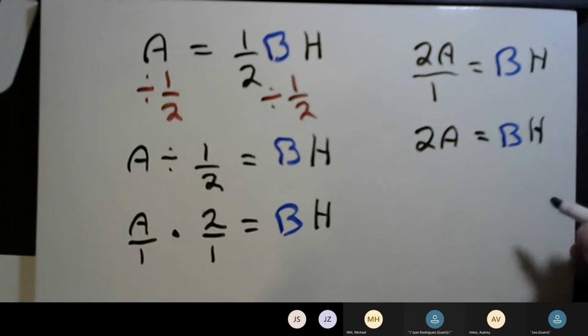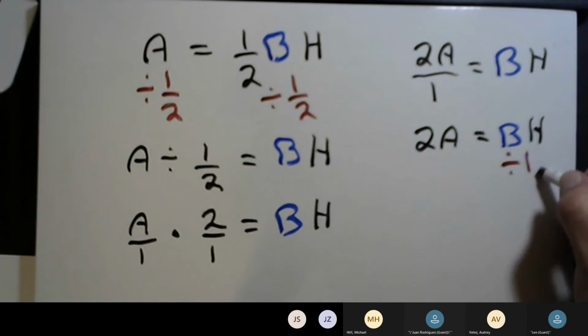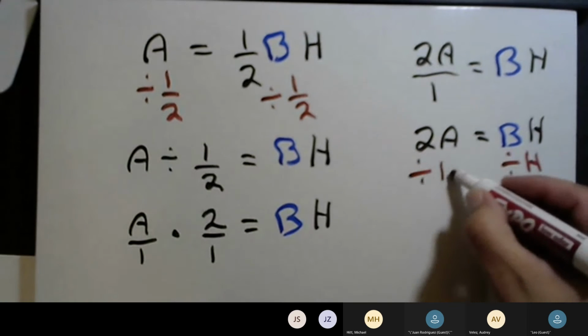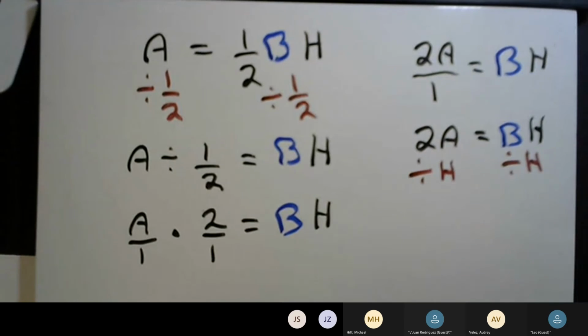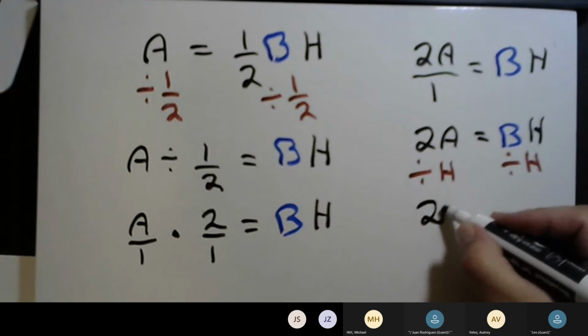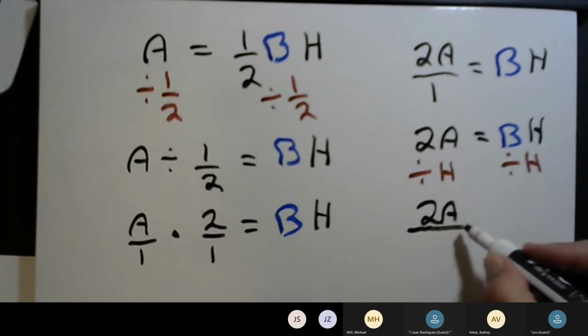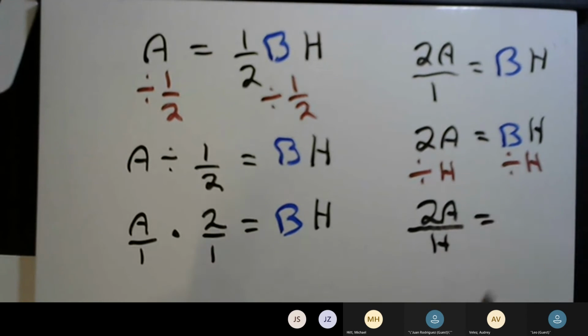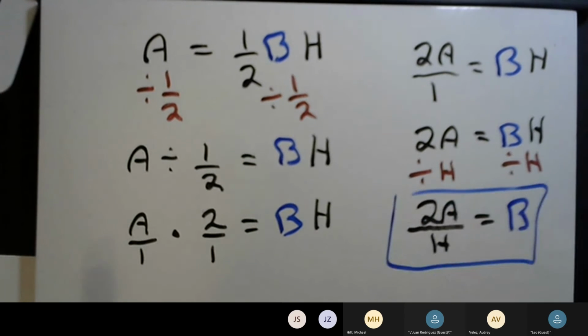And then finally divide both sides by h. We'll get 2a. Again, we're dividing the entire side by h. We have 2a over h is equal to b. And that's going to be our answer.